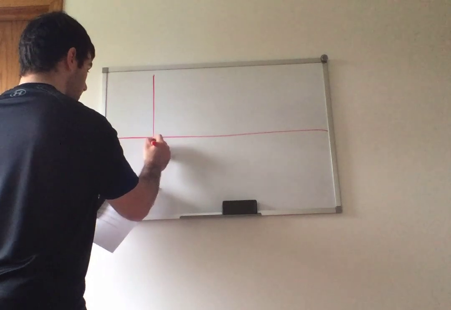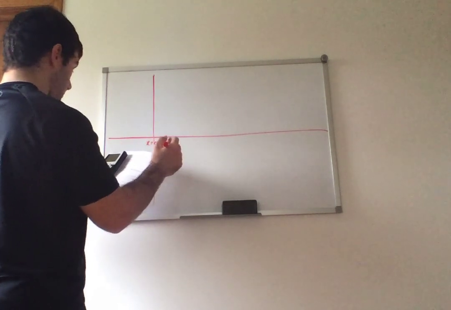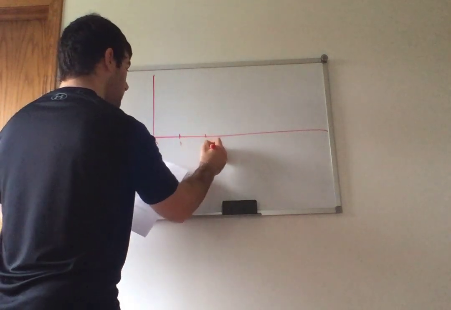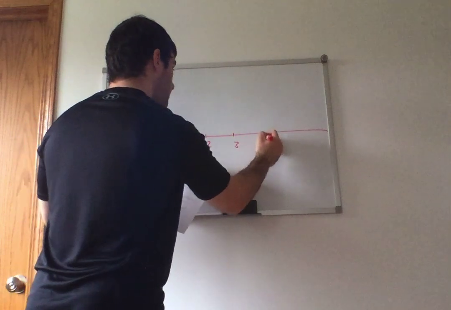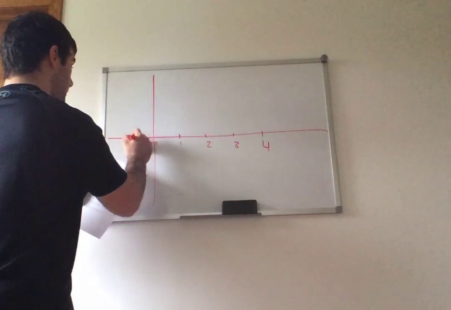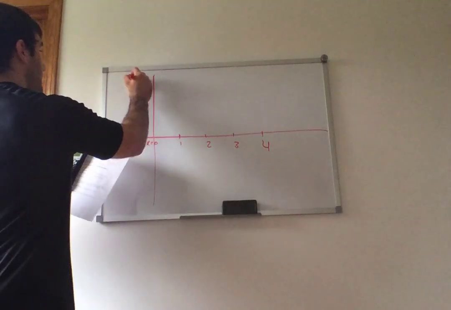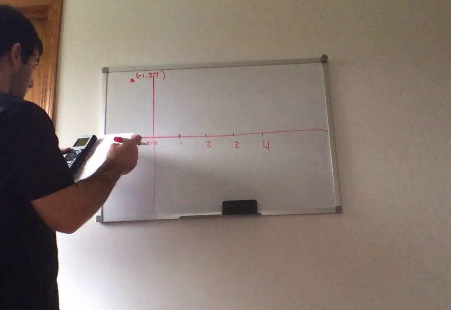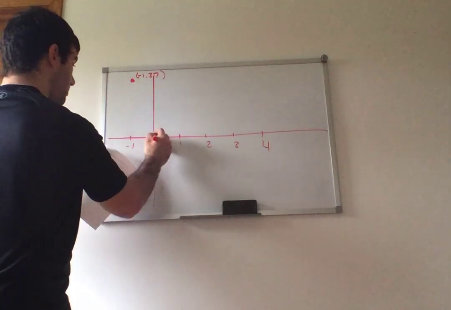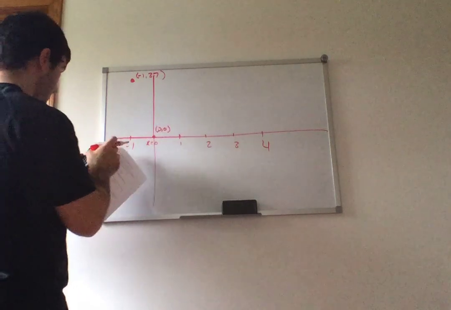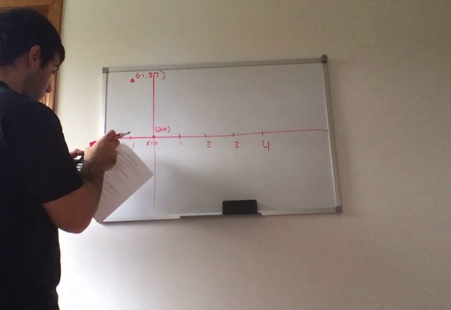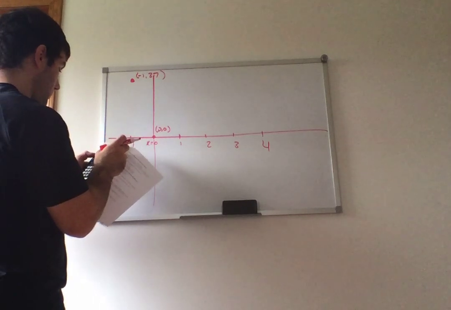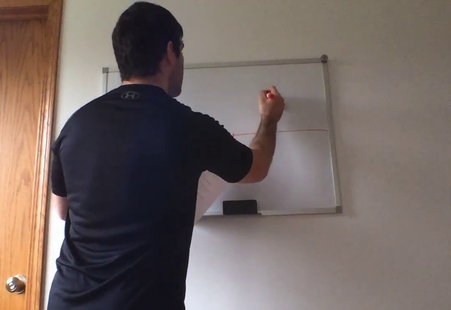See, that's x equals 0. Let's see, 1, 2, 3, 4, -1. This point way up here is -1, 37. Let's see, this point down here is 0, 0. 4, comma.